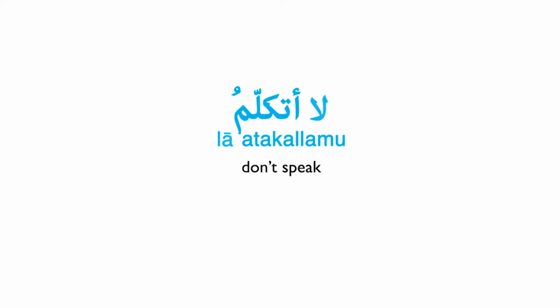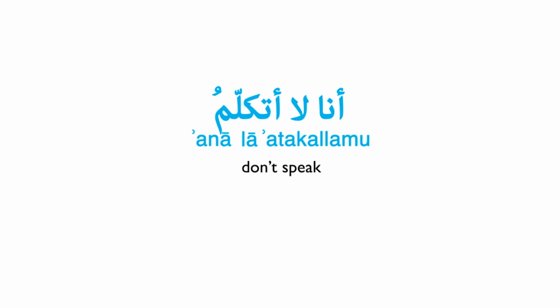Notice also that the verb أتكلم is slightly different than تتكلم, which we learned before. Remember, the verb changes depending on the pronoun used. We are now talking about أنا, Arabic for I, thus I do not speak is أنا لا أتكلم.